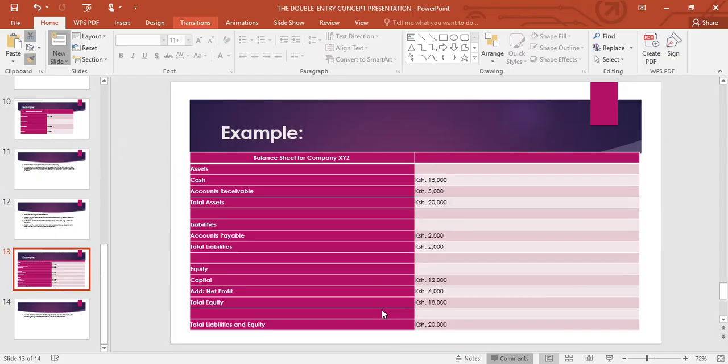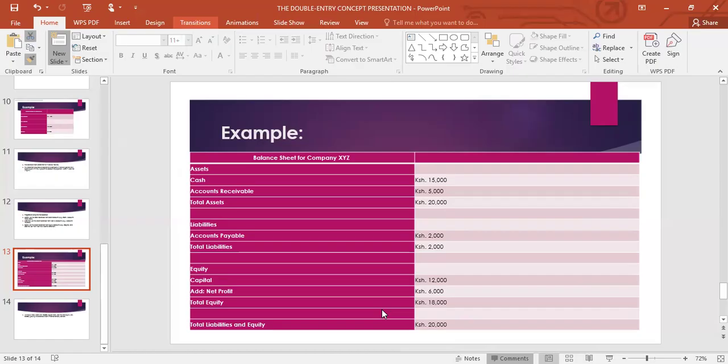On our balance sheet, the only information that we're going to input is assets, liabilities, and the equity.